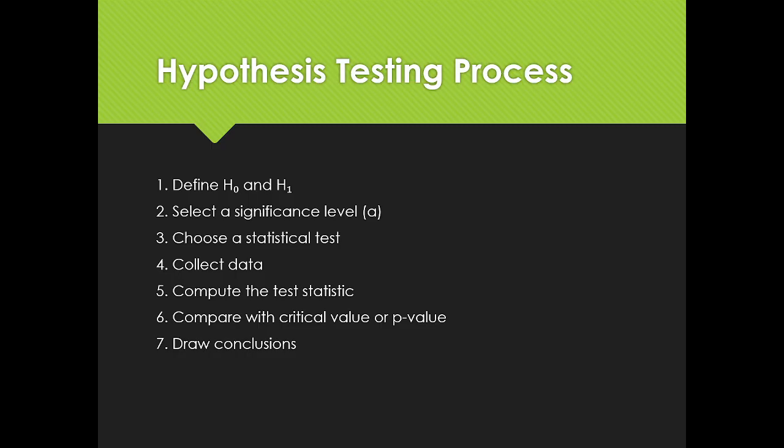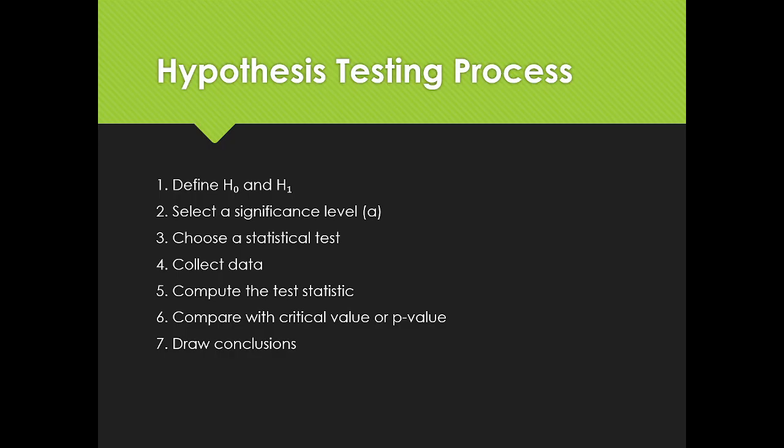Next thing is to choose a statistical test. What method or what statistical test do you want to use? As we go on in this video, I'm going to explain the various statistical tests that we can use in testing a hypothesis. Now, you collect your data, compute your test statistic, compare with critical value or a p-value.